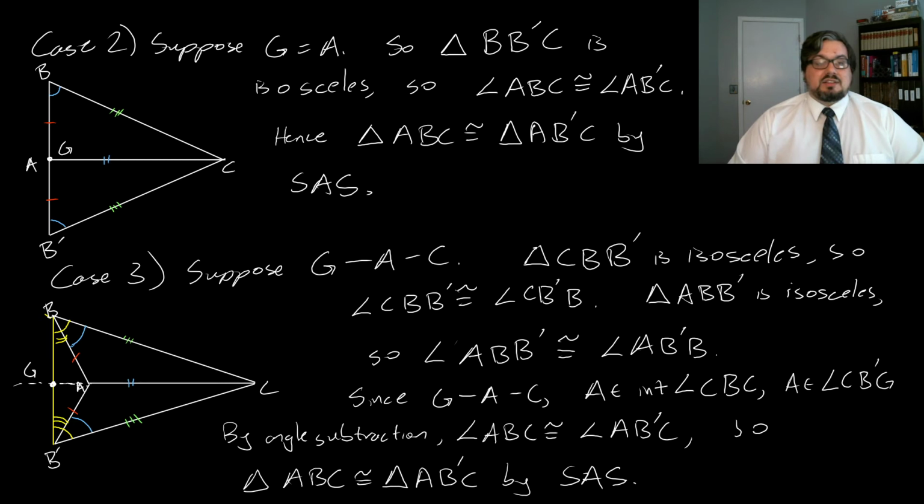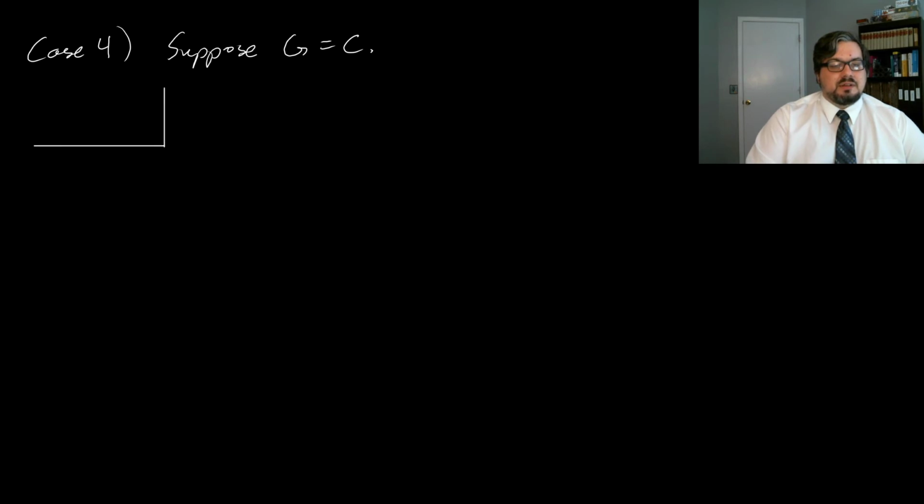All right, so that's 3 cases done. The good news is that cases 4 and 5 are both very similar to cases 2 and 3. So case 4, let's suppose that G equals C. So now our picture becomes the following.